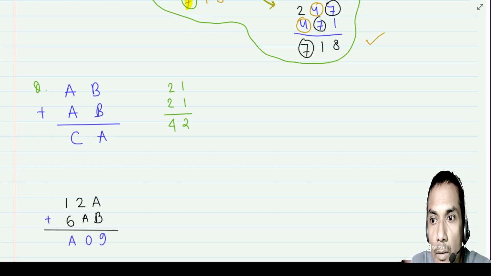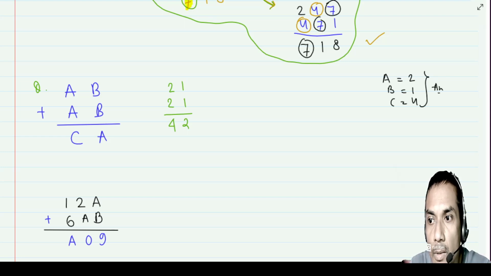So here one answer is A is equal to 2, B is equal to 1, and C is equal to 4. These answers are possible. Clear?